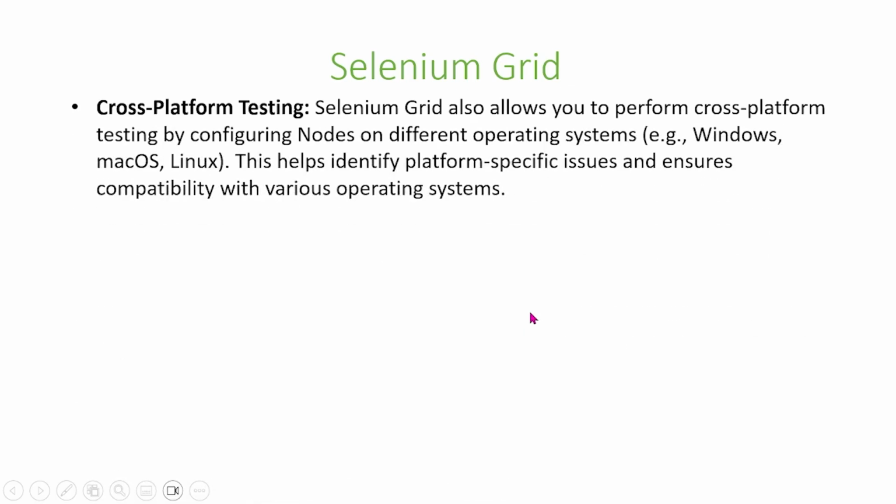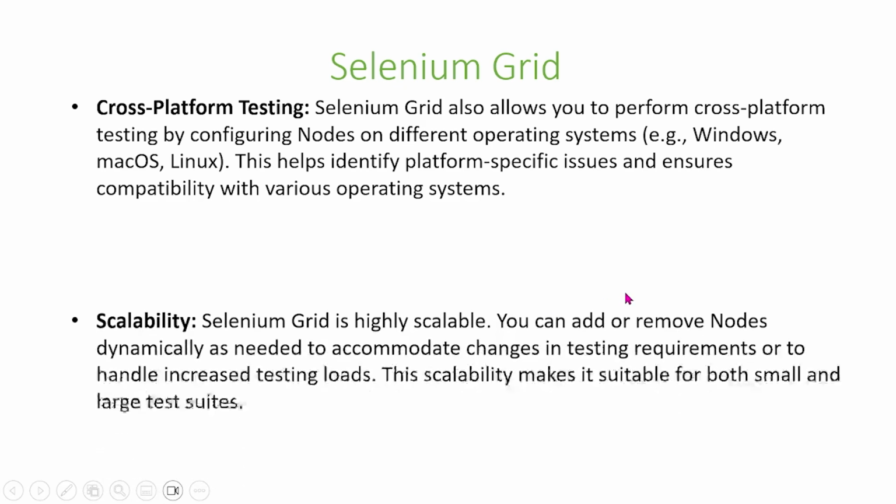The next thing is it allows cross-platform testing. Again, this is because you can configure the nodes to work on different operating systems. This will help you identify platform-specific issues and ensure that the compatibility is right with various different operating systems.